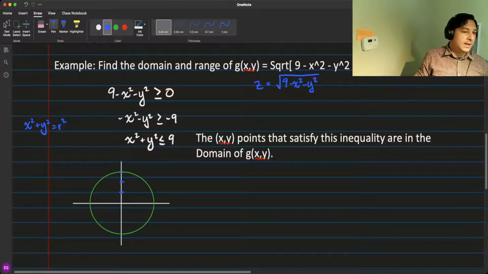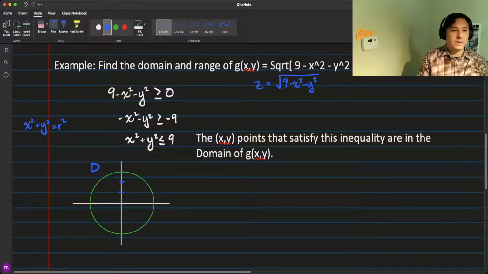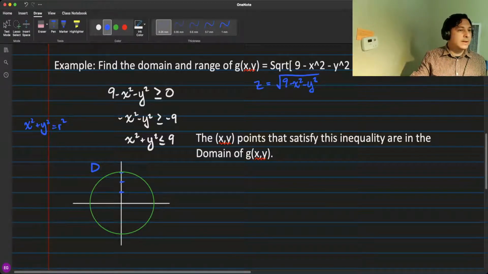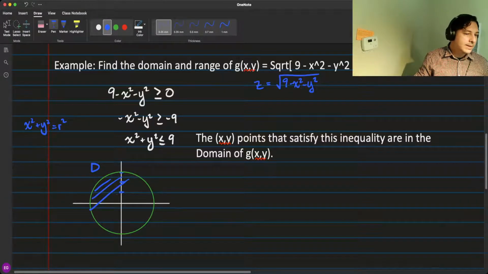So this is my domain, and any single point inside of here can be plugged into g of x, y. In fact it includes everything in here, all of the points in here are included.